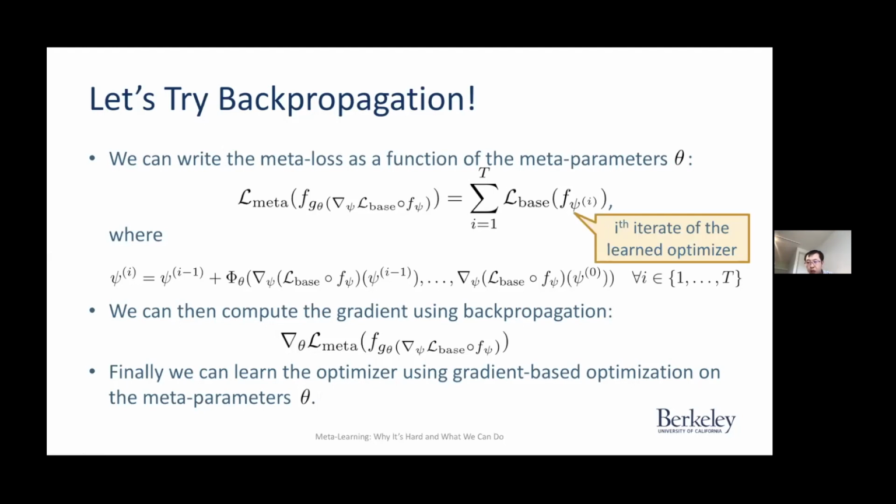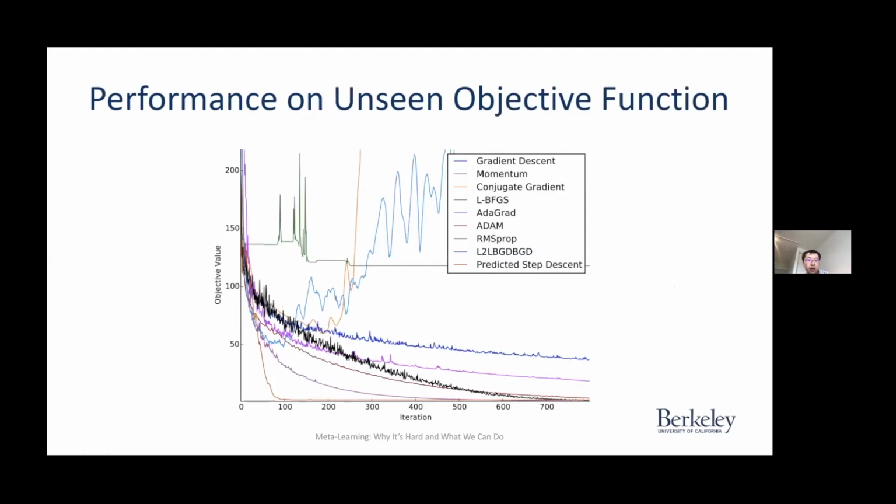And psi i denotes the ith iterate of the learned optimizer update formula. Okay, cool. And so there's an interesting phenomenon if you were to try to do this. It works great on the training set. So if you were to try to use this optimizer on an objective function that you did see during training, it's actually pretty good.